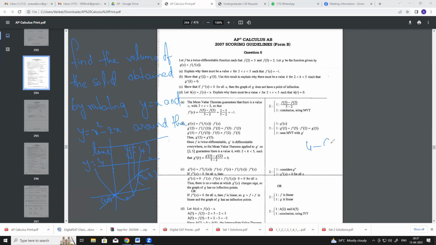So pi times the integral, with x limits 0 to 3, this is 0, this is 3, of 4 minus (x squared minus 2x) whole squared minus (4 minus x) whole squared dx. This is 4, this is x, so this will be 4 minus x. This is 4, this is x squared minus 2x, so this curve is 4 minus (x squared minus 2x) whole squared, minus (4 minus x) squared dx.